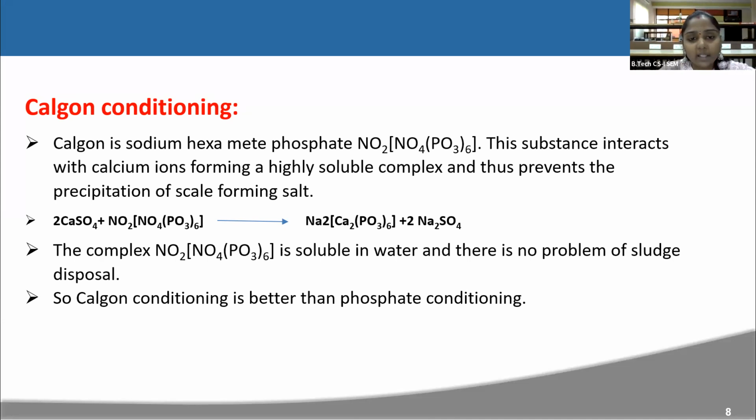What is the chemical name? Sodium hexametaphosphate. So this compound we have to add into the boiler feed water, and it removes the calcium ions.